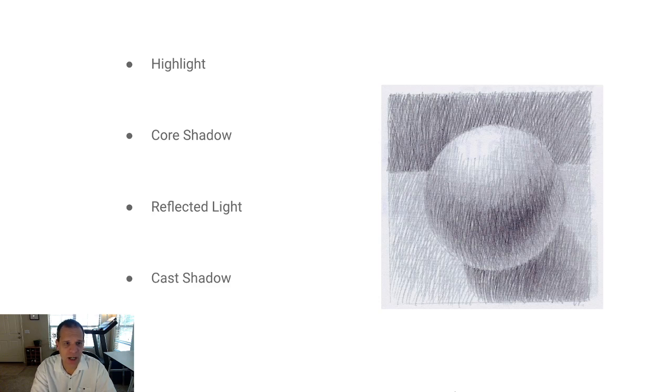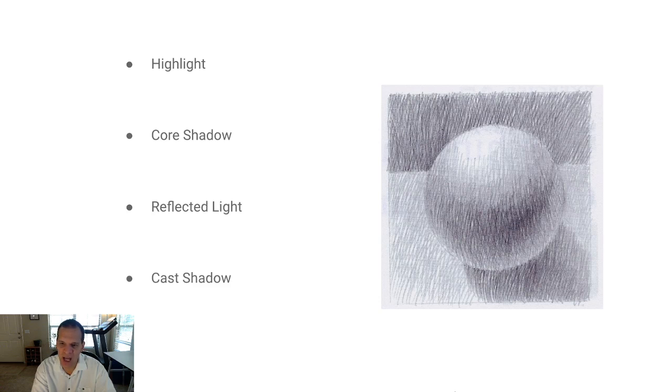A few things I want to mention about lights and shadows specifically. We have an example here of a sphere, and there are different things that make up the lights and shadows. The first, at the very top, is a highlight. A highlight can be the paper showing through, or maybe you've got a white chalk or charcoal pencil to add in that highlight. The second piece is the core shadow.